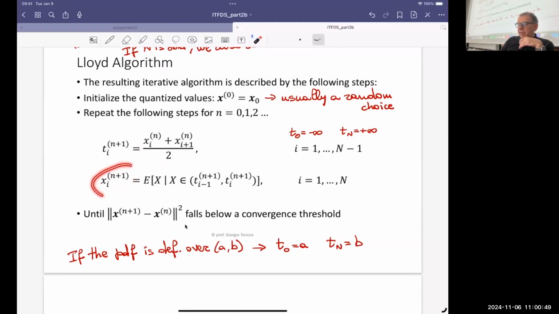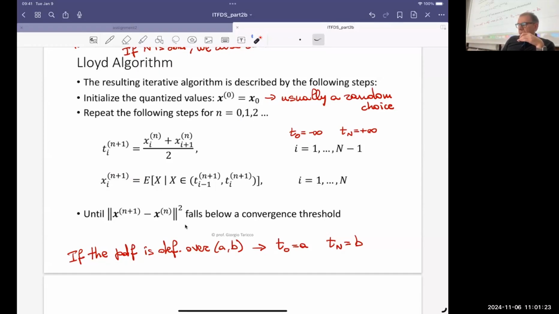Once we have these quantization points, we repeat the calculation of the thresholds for the next iteration, and then the calculation of the next quantization points. And we repeat this for n that goes from 0 to infinity. At a certain point, we have to stop, because as all iterative algorithms, at a certain point, they stop.